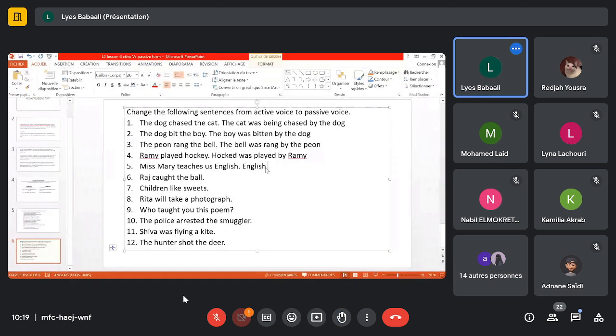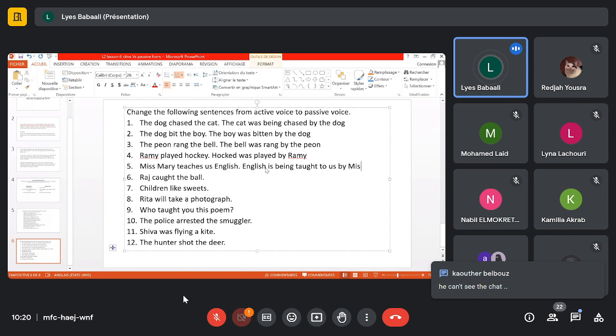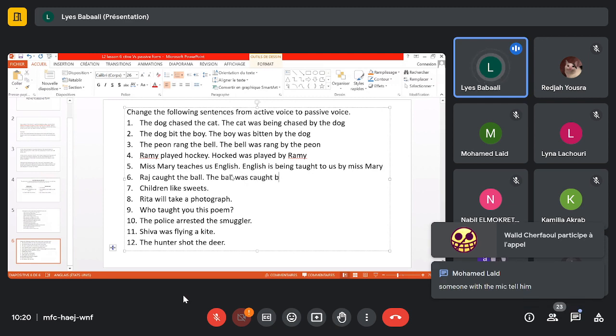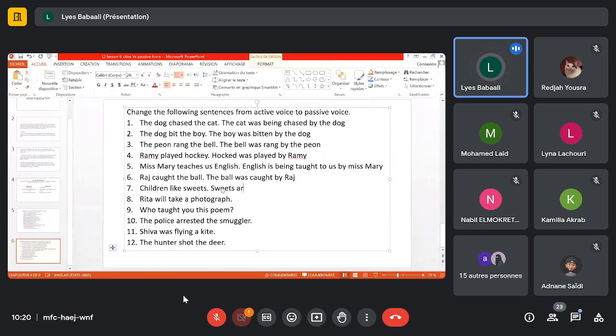English is being taught to us by Miss Mary. Raj caught the ball. The ball was caught by Raj. Children like sweets. Sweets are liked by children.